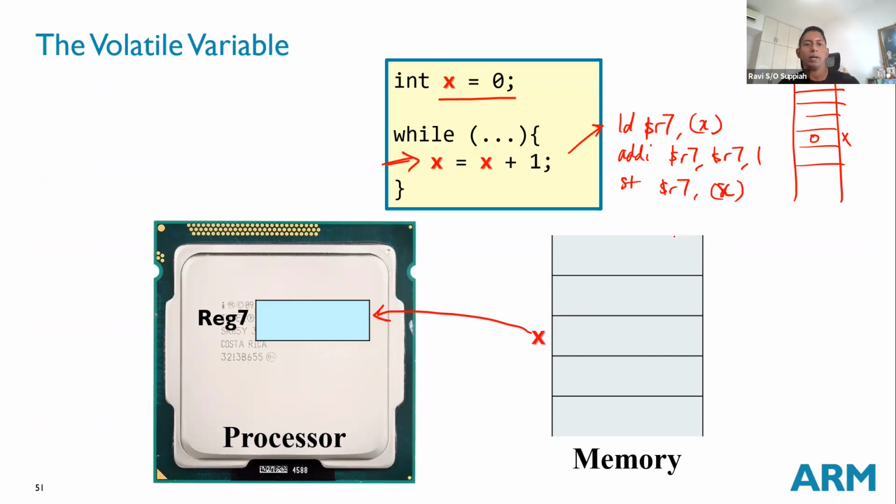Now in most cases, what happens is this store may not happen immediately after the operation is done. Why? Because you may use x in other places in the code. So you may keep it within the register, you may keep it within the cache.